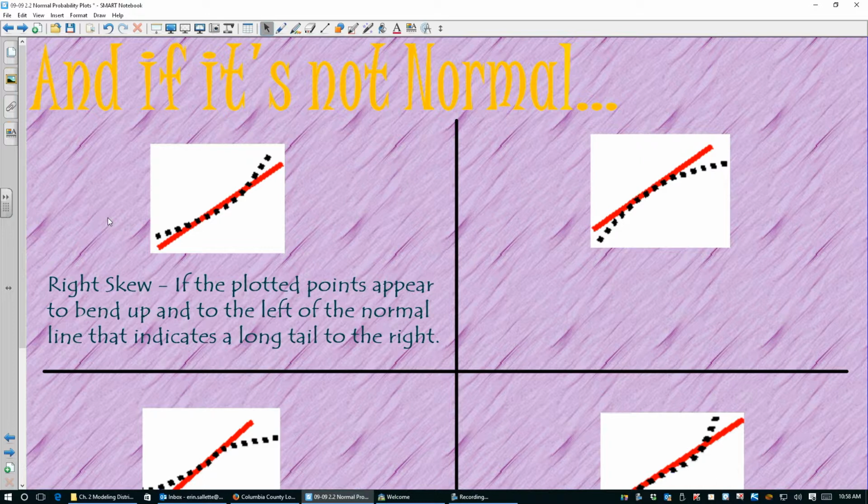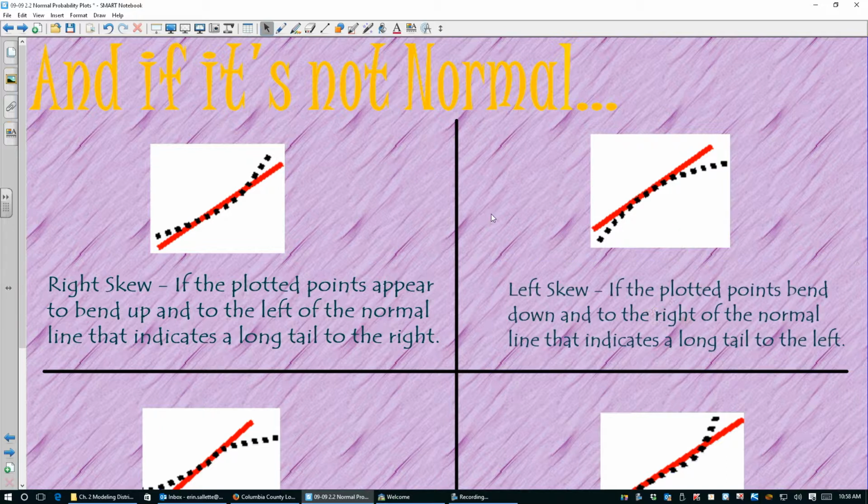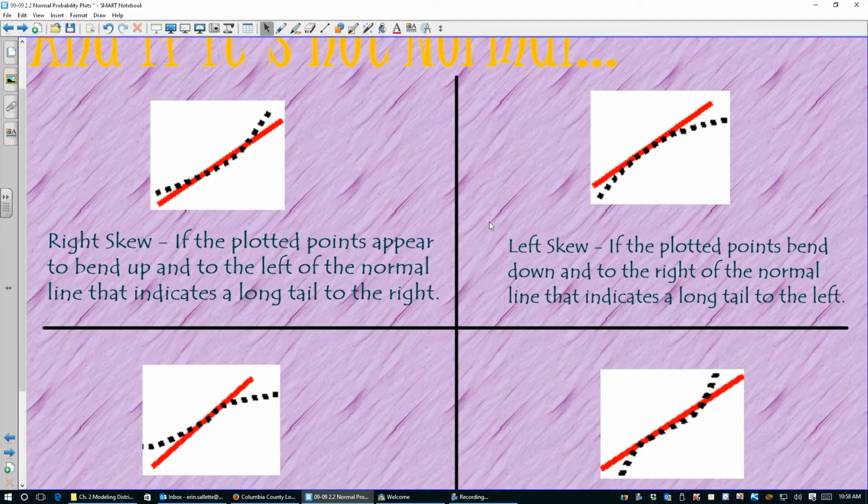So if it bends up towards the left, it has a long tail to the right, which means our distribution is skewed right. If it bends down, to the right of the line or below it, that distribution has a left skew. So these are different skews.